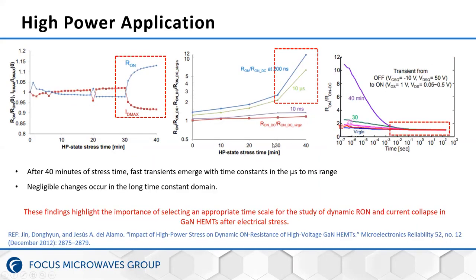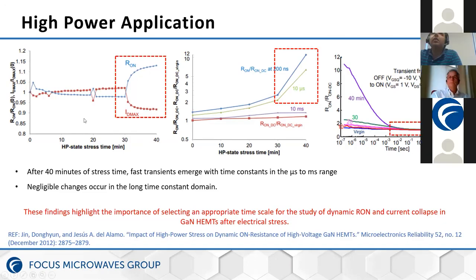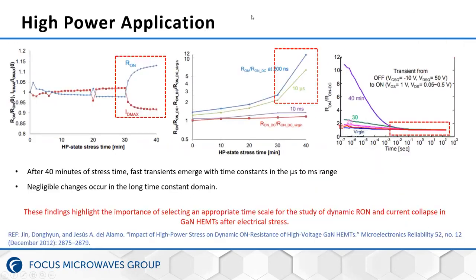The next result published here is the applied stress: how long the stress was applied and what results were seen. In this particular case, they applied the stress for almost 40 minutes. We see that until 30 minutes, there is no significant change in the R on or the ID max, but beyond 30 minutes, the R on and ID max have significantly degraded.